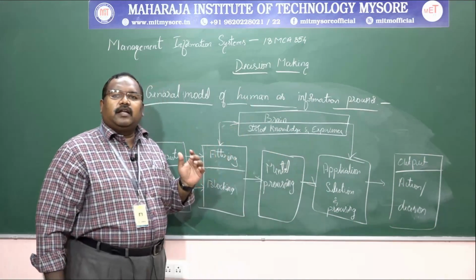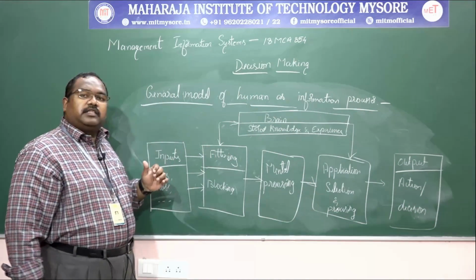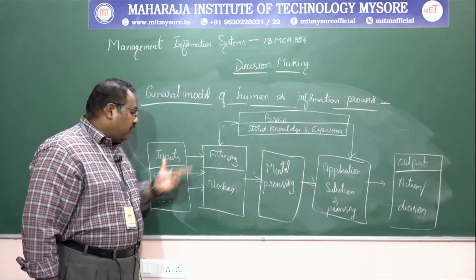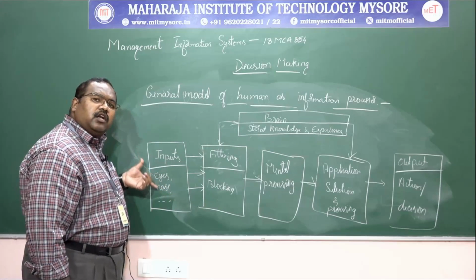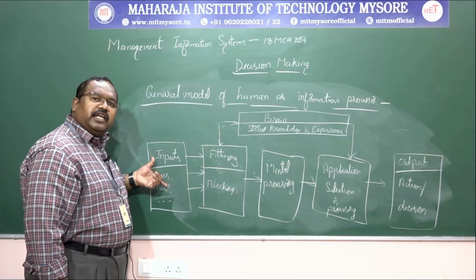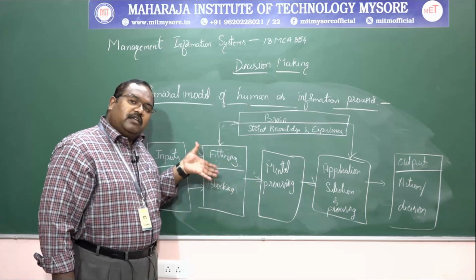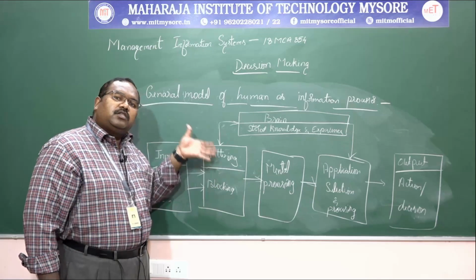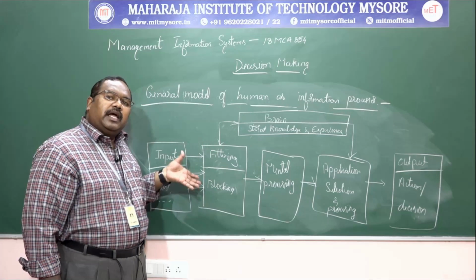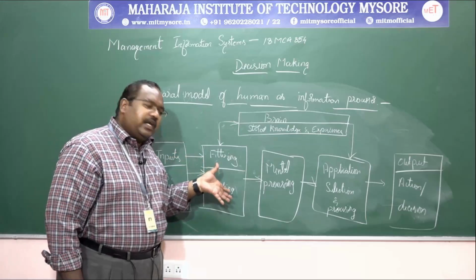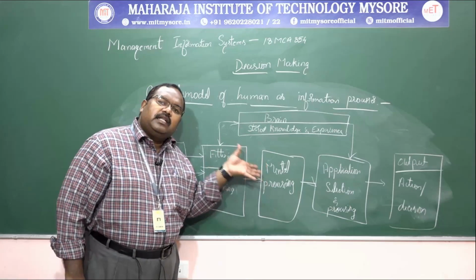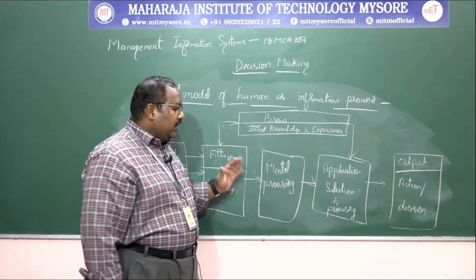Look at this beautiful diagram now. The brain does all these things. So when we look into the inputs, there are a lot of sensory organs which take inputs from various parts and send the information. Where the filtering is done, the brain blocks the unwanted things and also permits the required things. When the required things are done, the mental processing is happening.